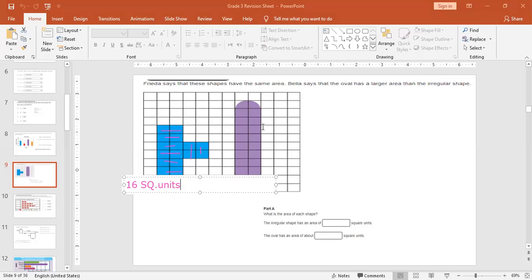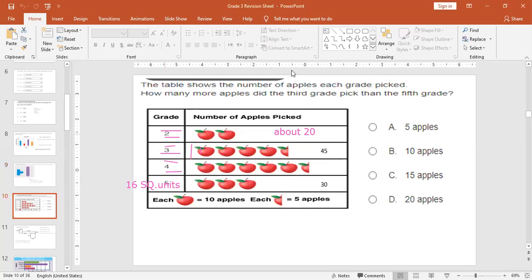Okay, and what about the oval? When you count it, you will get about 20. Why did I write about? Because here I have some squares not all colored. So that's why I wrote about. Let's complete this question.